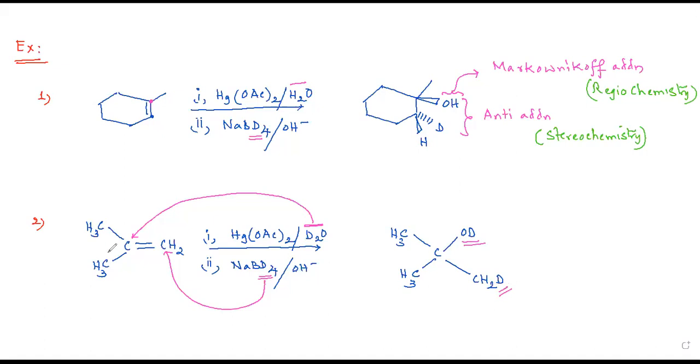Just like sodium borohydride, this is borodeuteride. Okay. So this is about OMDM, oxymercuration, demercuration. So if you are okay with the mechanism, then of course you can tackle such questions, especially the regio and stereochemistry.